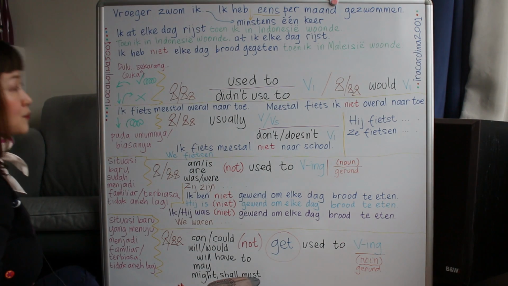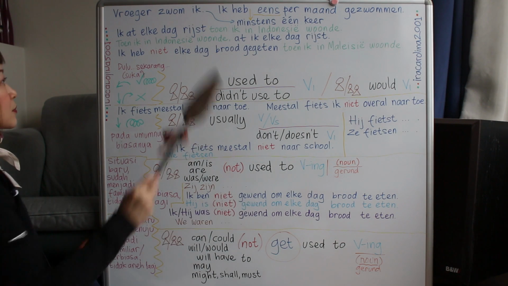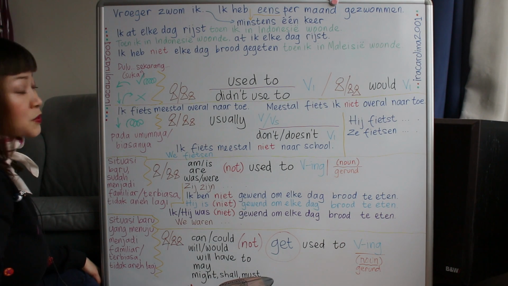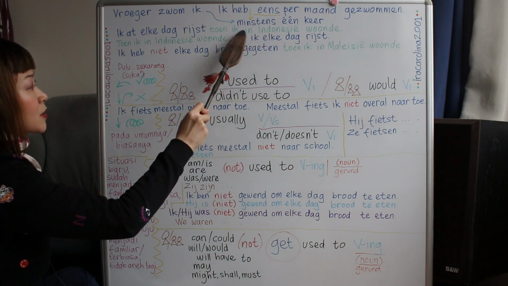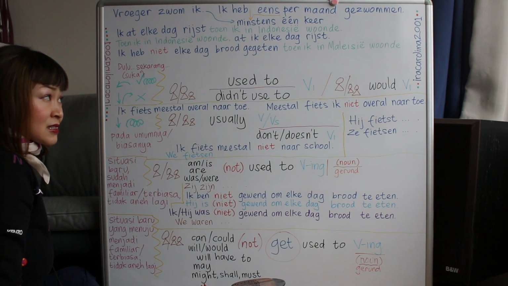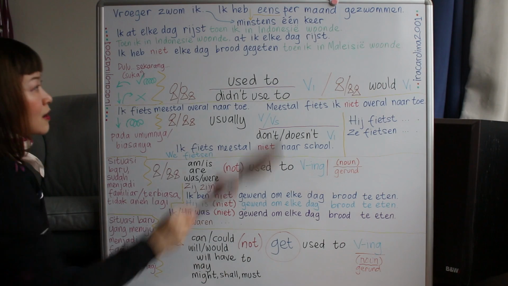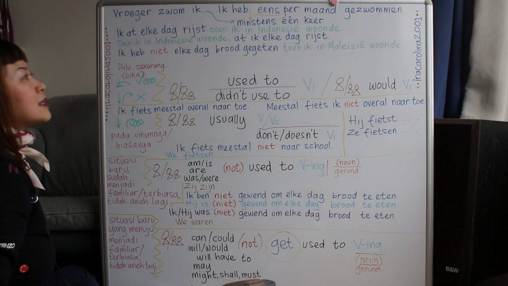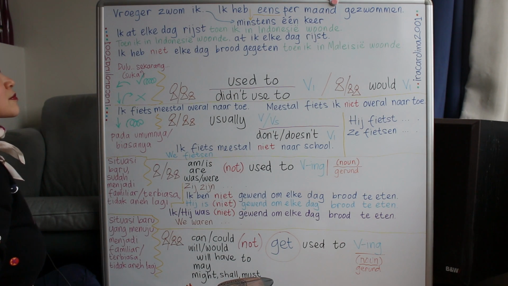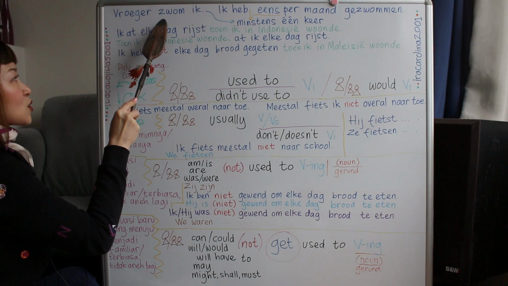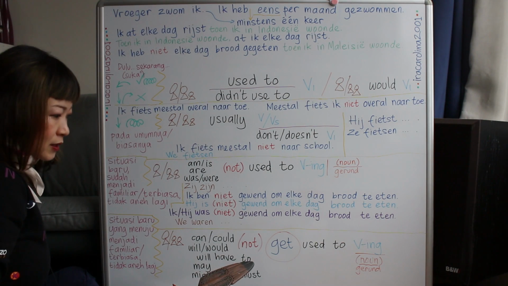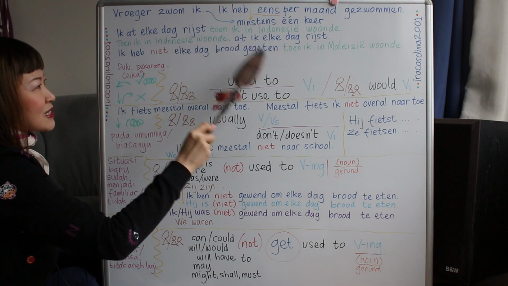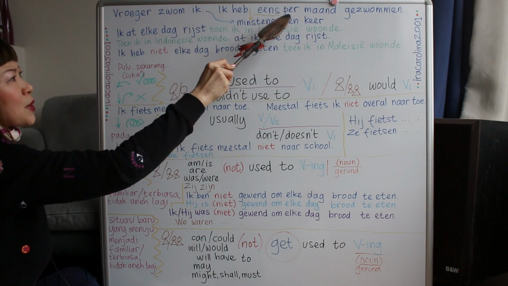Ik, I. You can say it like this, or you can add some specific detail if you want with minstens, at least, één keer, one time, per maand, per month. Vroeger zwom ik, or more specific, vroeger zwom ik minstens één keer per maand.